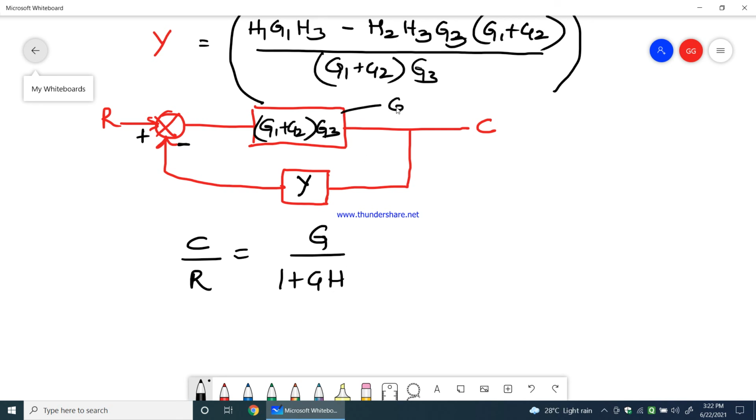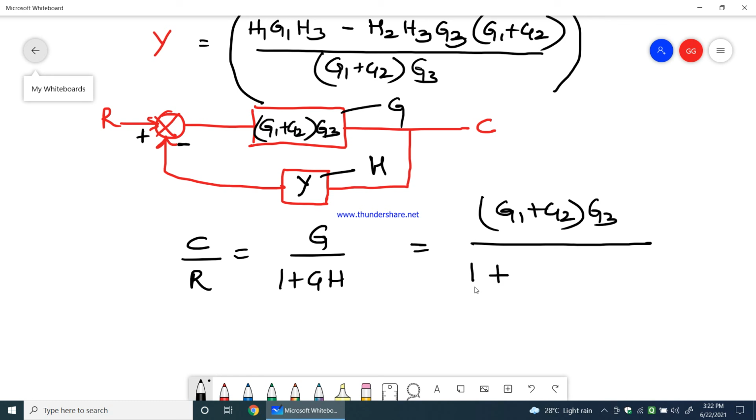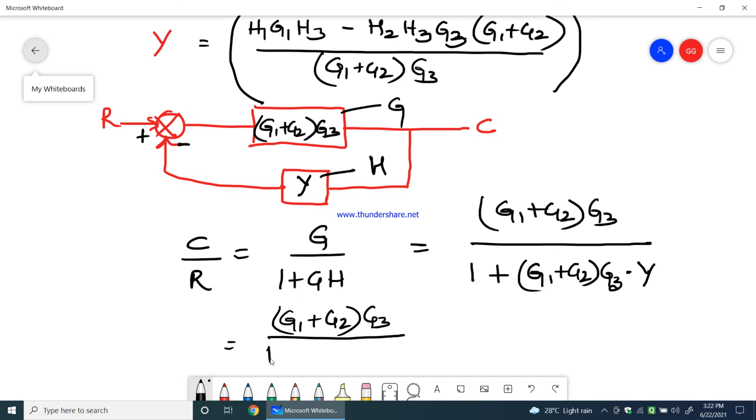Here G is this, whereas H is Y. Because it is a negative feedback, it is G1 plus G2 into G3 divided by 1 plus G1 plus G2 into G3 multiplied by Y. Further if I solve it, multiplied by, what is Y?